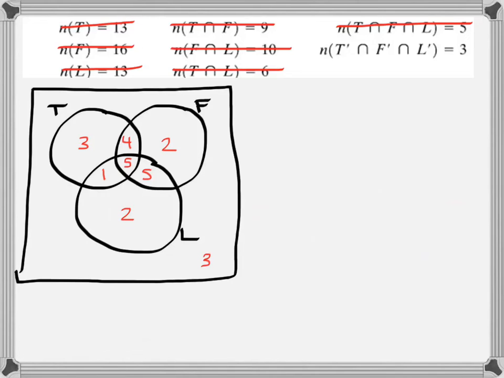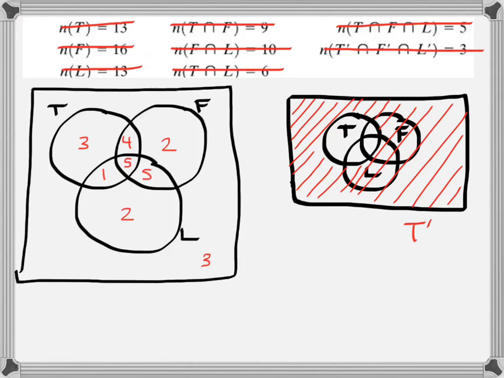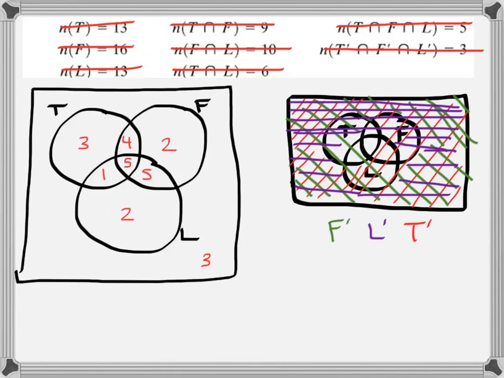And I know this because if I were to go about coloring in the Venn diagram to find this region, I would first draw T complement. That's everything outside of T. I would then shade in F complement, which is everything outside of F, and then I would shade in L complement.